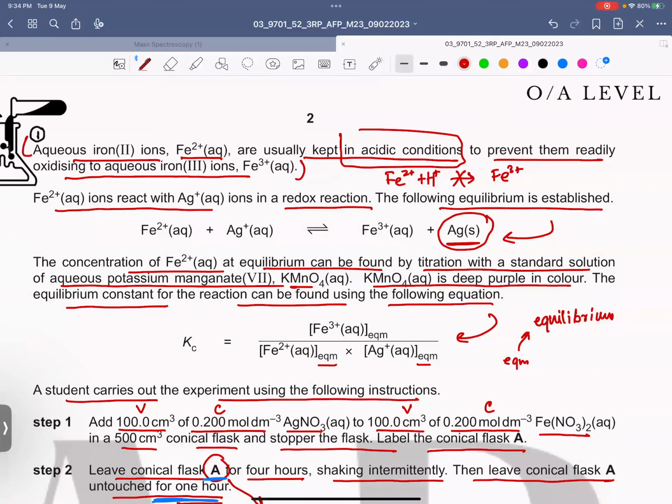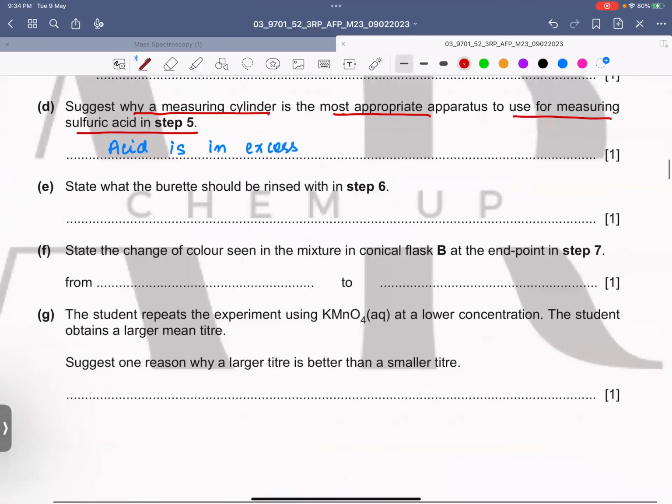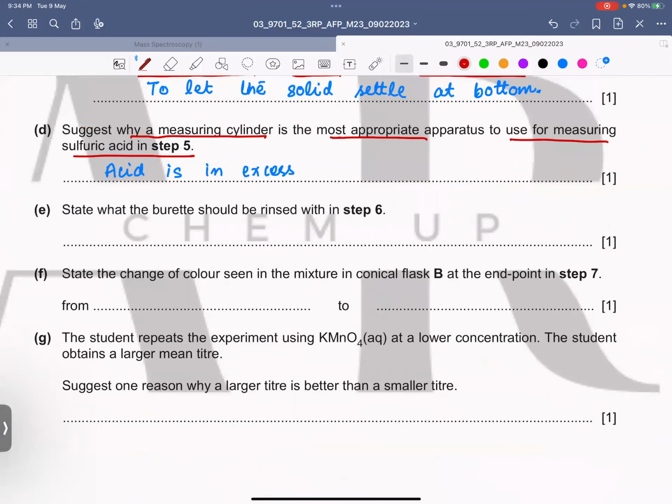So for that purpose, to prevent the iron(II) ions from oxidizing into iron(III) ions, we are adding acid in excess. So there would be no error in finding the concentration of iron(II) ions at equilibrium mixture. Is this clear to everyone? Yes, sir. Okay.